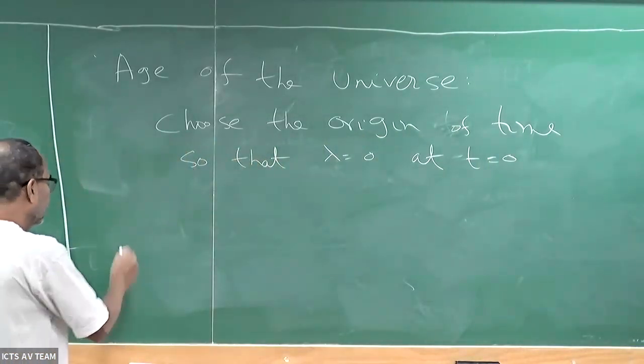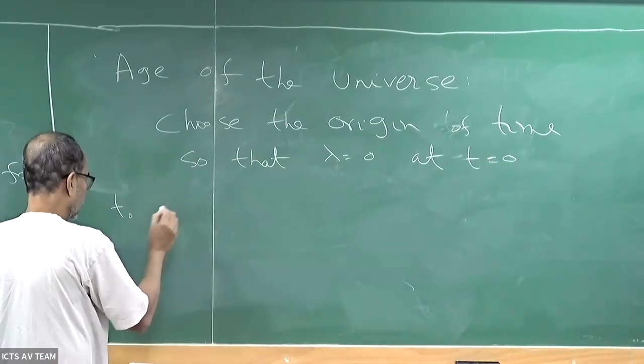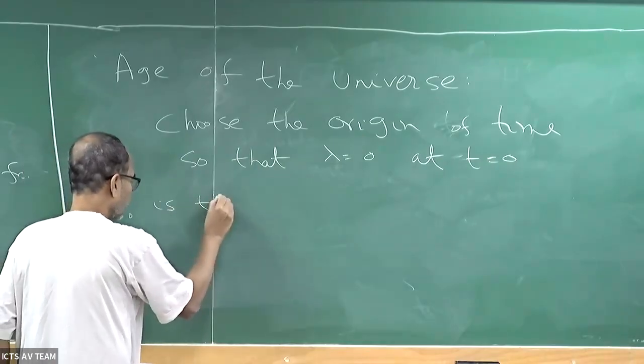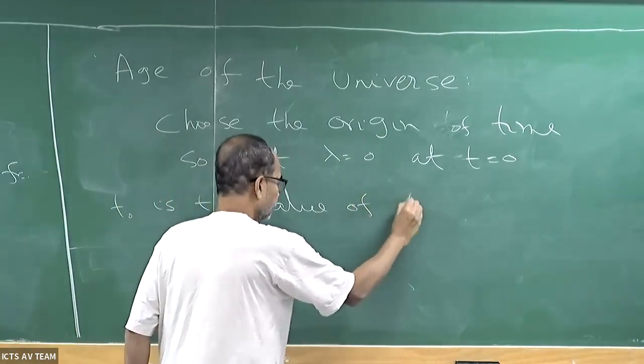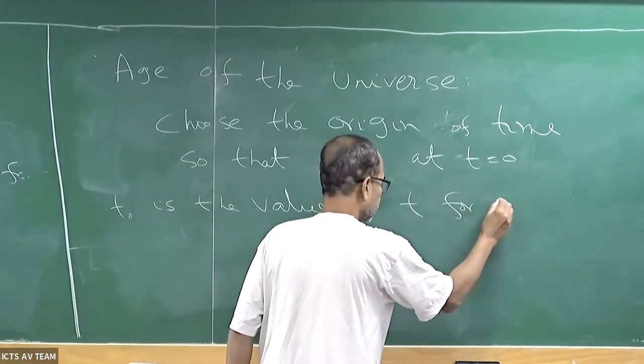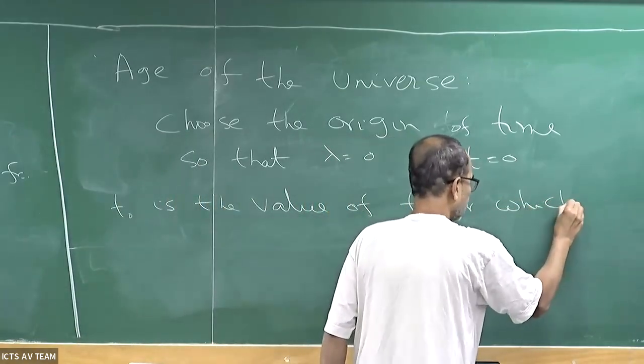And t naught is the value of t for which lambda of t is 1.